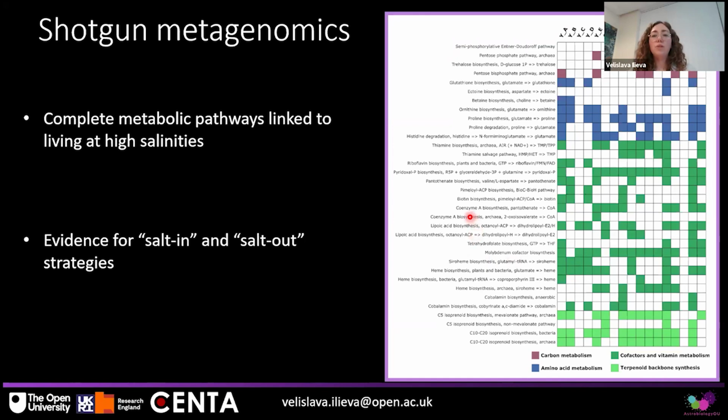Without going into too much detail, it's important to note that we found pathways for both salt-in and salt-out strategies, which is, again, very expected for communities at high salinities, especially fluctuating salinities.